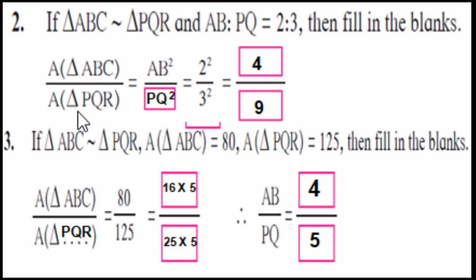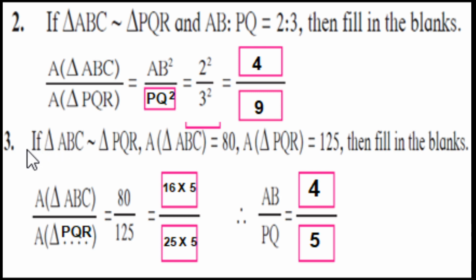PQ is the corresponding side of AB; these two are corresponding sides of each other. Then AB square is 2 square, PQ square is 3 square. The ratio 2:3 is given. Square of 2 is 4 and square of 3 is 9.